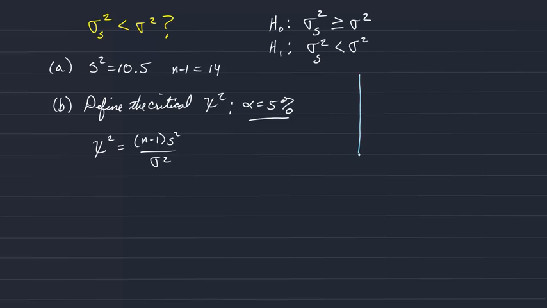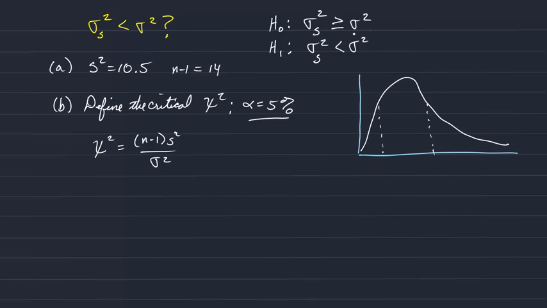So let me draw out this probability distribution, and I'll sketch out a chi-squared distribution, and we're going to define our critical values of chi-squared.